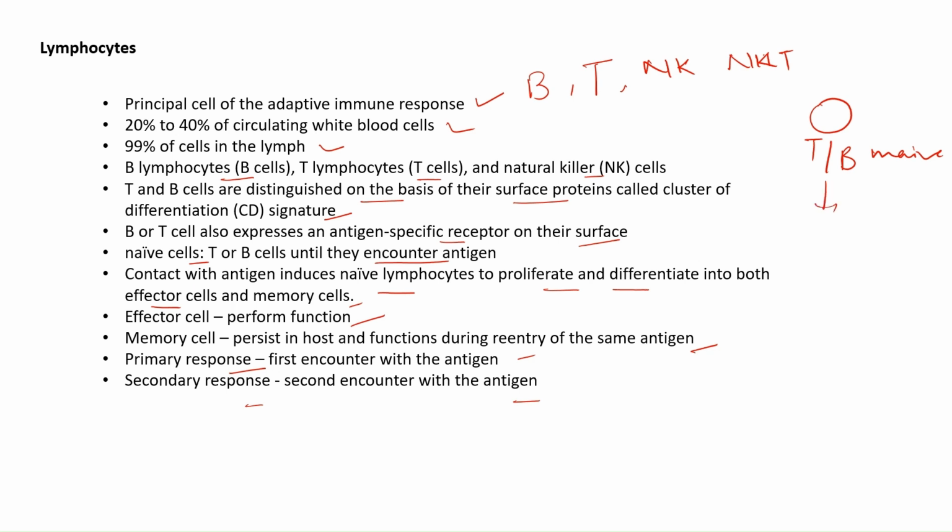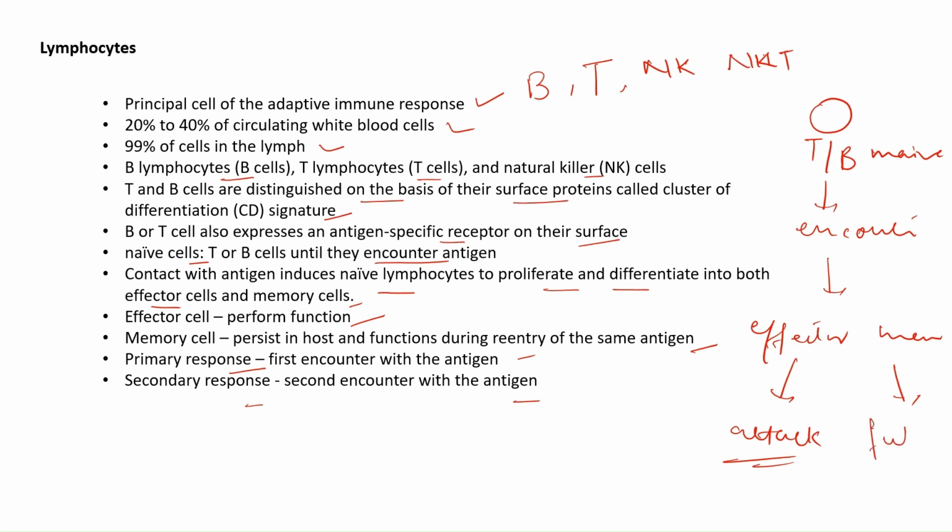Once it encounters an antigen, it will differentiate into either effector cells or memory cells. Effector cells will attack the antigen, and memory cells will be stored in our body for future attacks with the same antigen. So this is the process.